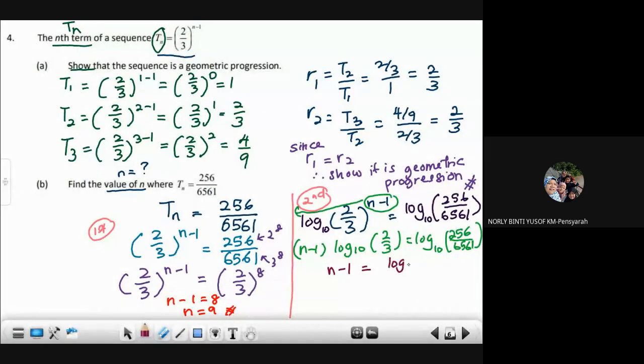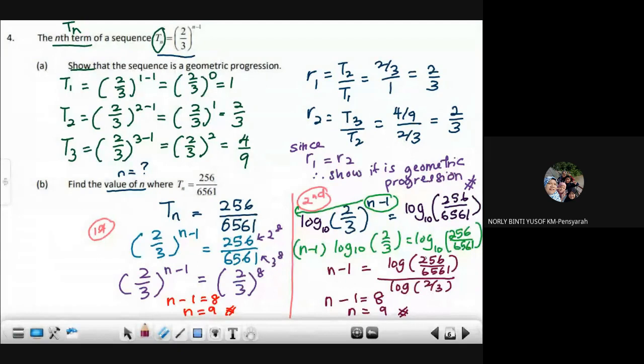Log 10, ataupun tak tulis log 10 dah. Tekan calculator, bahagi log 2/3. You tekan calculator, you akan dapat nilainya lah 8 juga. So jawapan dia akan jadi 9 sebab 8 tambah 1.